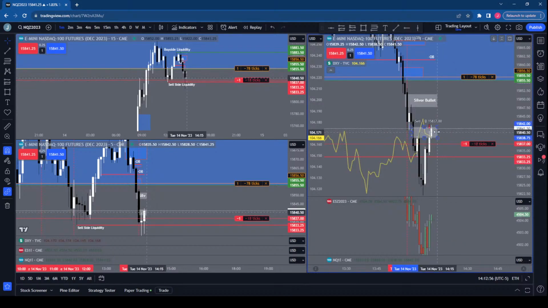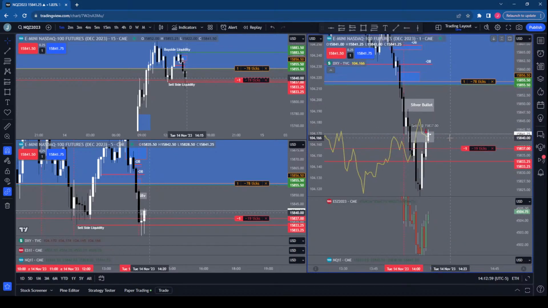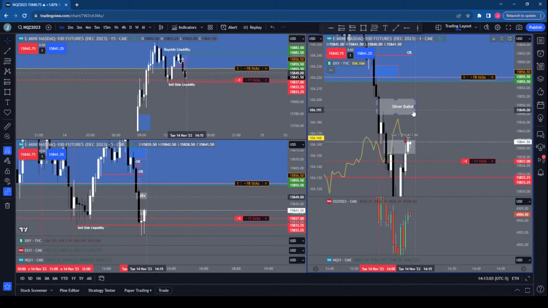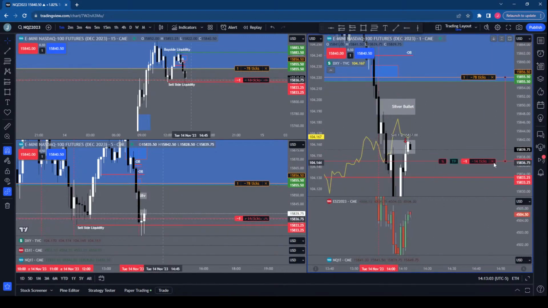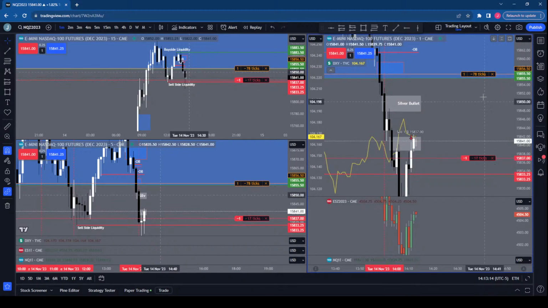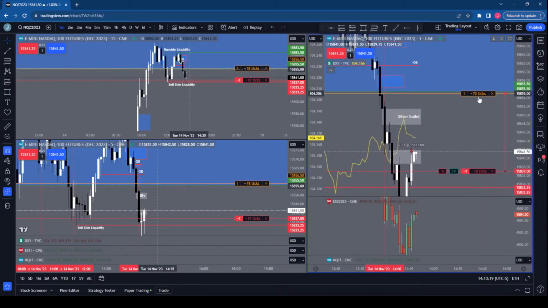Let's see how we treat this fair value gap. If we close above it, I'll probably exit and then see if price wants to come up, retrace higher, and then after getting more data, I'll see, do I want to go short, or actually is it kind of in reversal territory?